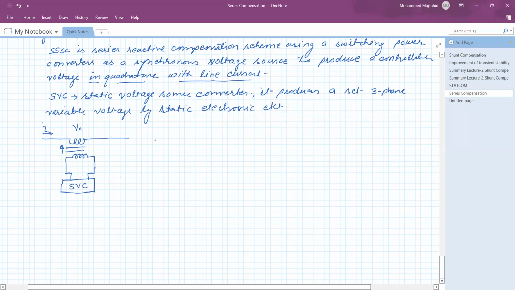So the schematic diagram of the voltage source converter along with some control parameters is like this. This is the transmission line, with line current I, and there is a coupling transformer or injection transformer.